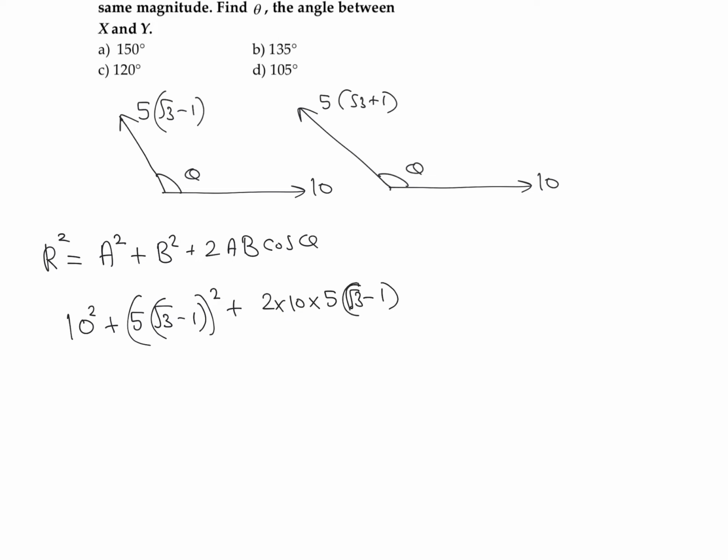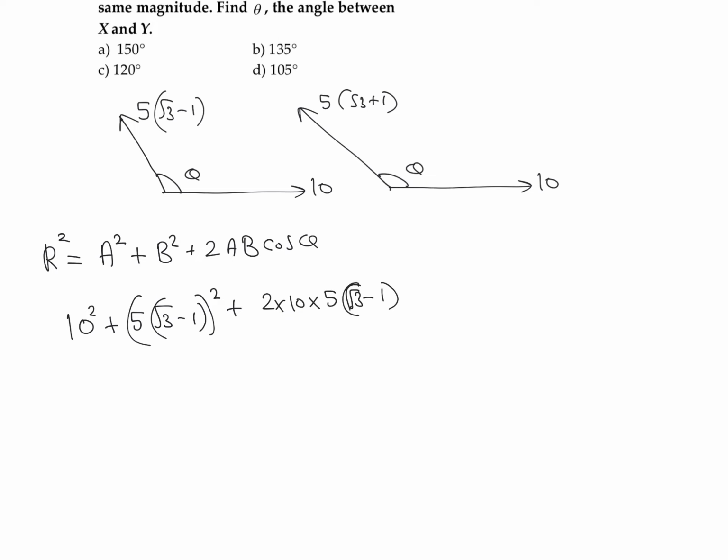This is equal to the same thing for the addition of the 10 vector and the 5 root 3 plus 1 vector. That is 10 square plus 5 into root 3 plus 1 the whole square plus 2 into a, which is 10, and b, which is 5 into root 3 plus 1, into cos of the angle between them, cos theta.